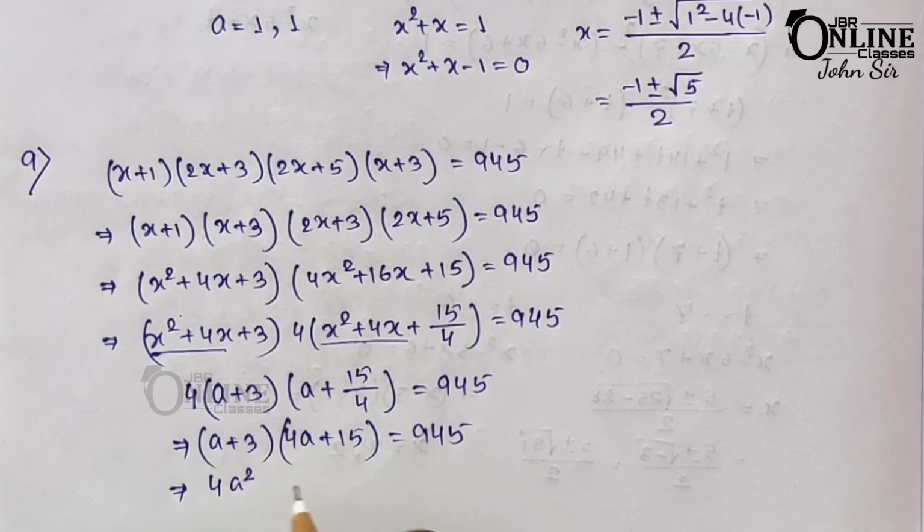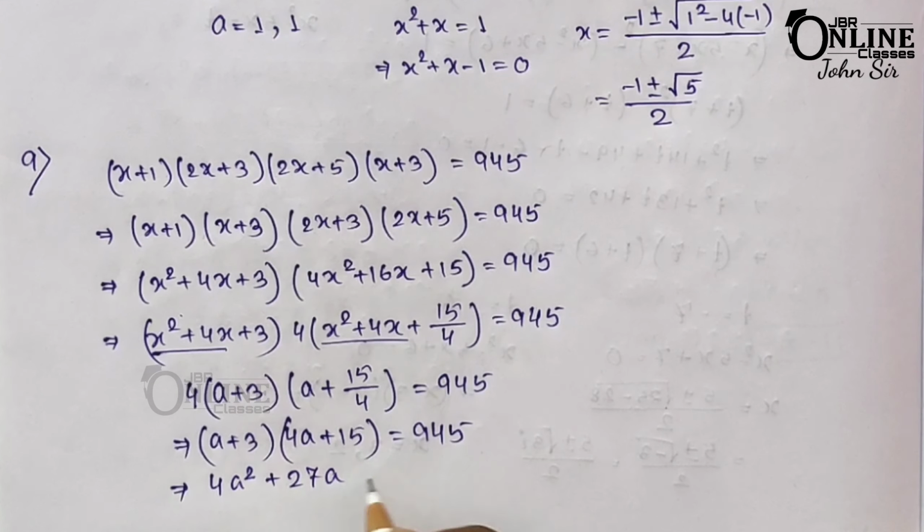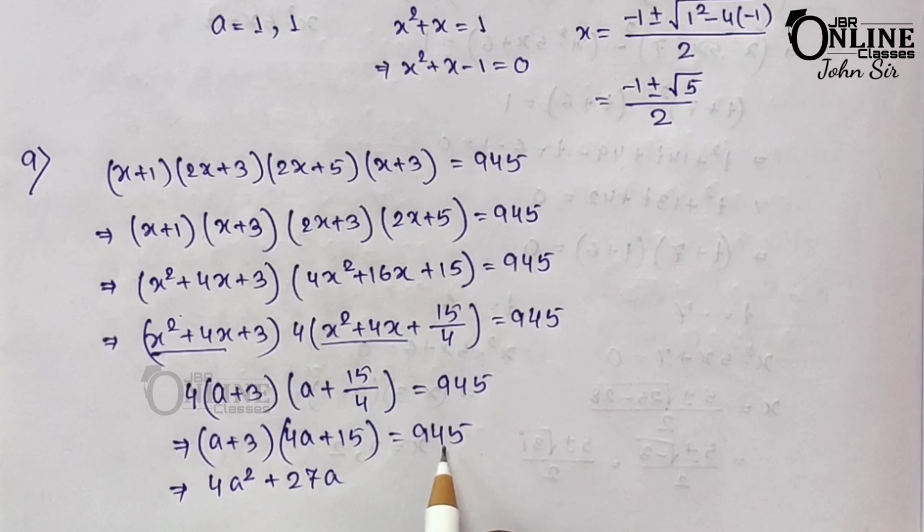So 12a plus 15a, that equal to 27a, and then 15 into 3, 45, then minus 945, it becomes minus 900, that equal to 0. So now you have 4a square plus 27a minus 900, that equal to 0.